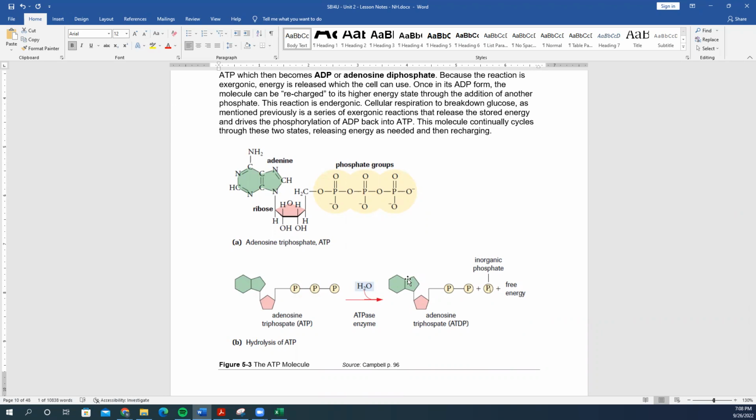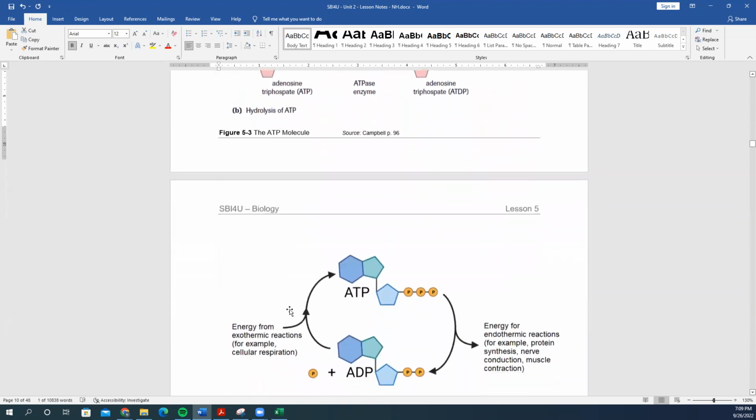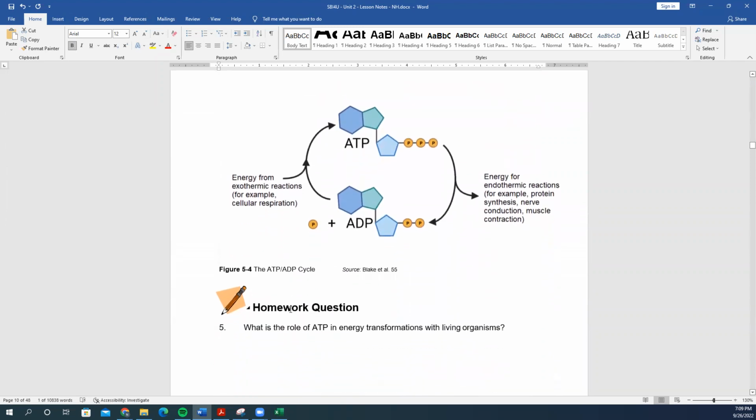And so, yeah, this molecule of ATP and ADP continuously cycle through these two states of being triphosphate and diphosphate, releasing energy as is needed for the cell, and then being recharged again in the form of the high energy ATP molecule. Oh, I do have a picture of that. Right. I thought I did.